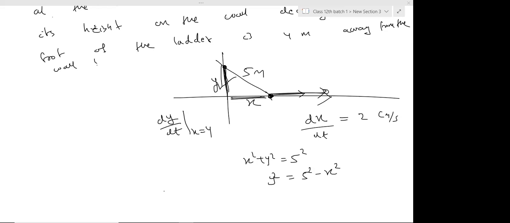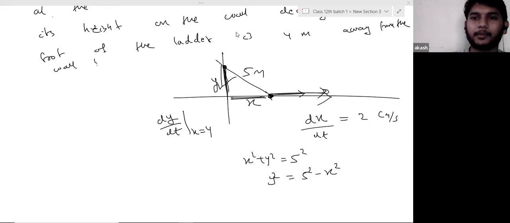So how can we say that x is equal to y? Sorry, Krishna, what did you say? I said how can we say whether x is equal to y? No, we cannot say that x equals y.